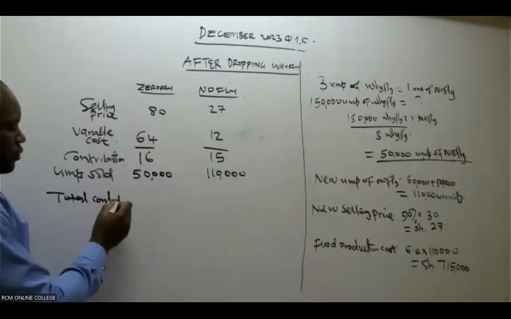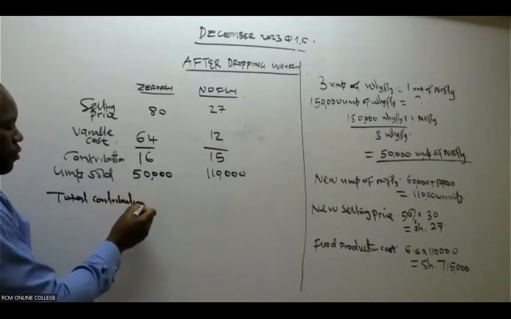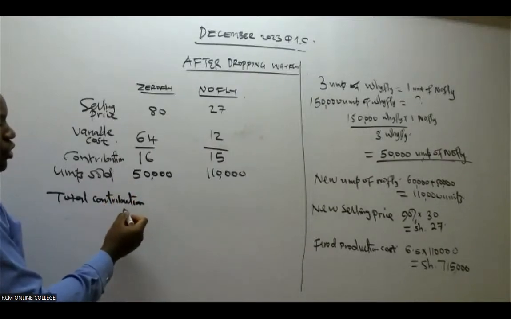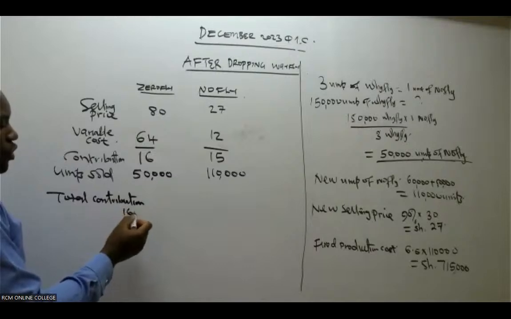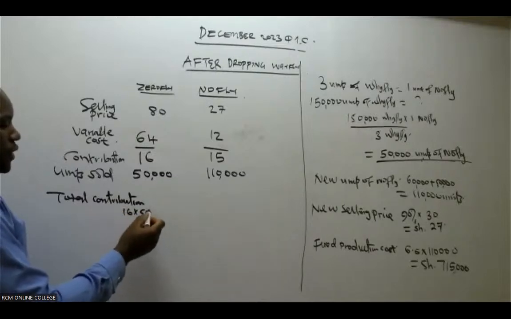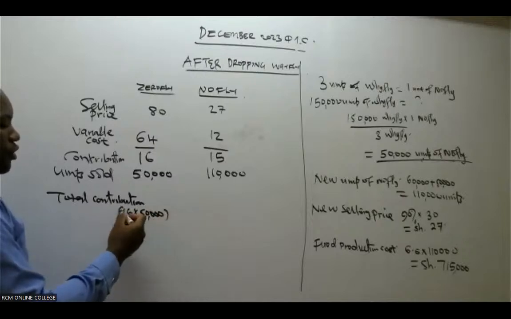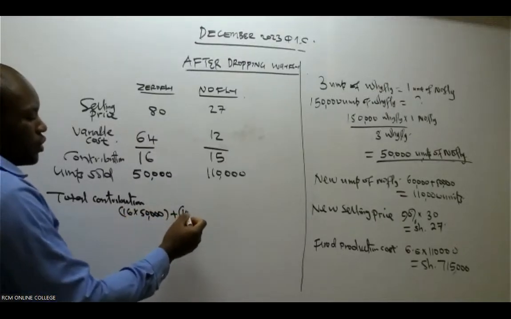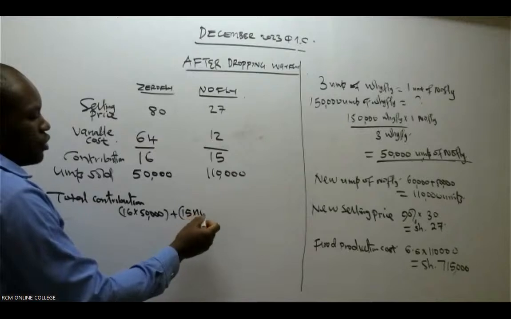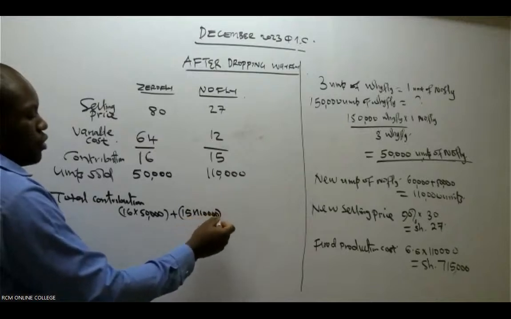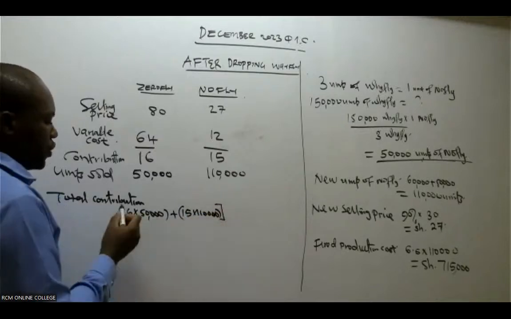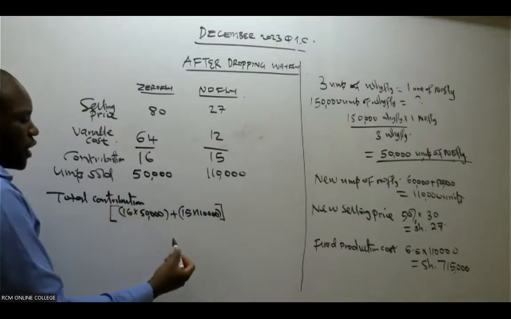So once that is done, we get the total contribution. Total contribution will be contribution per unit multiplied by units, and we add them. So what are we getting here?